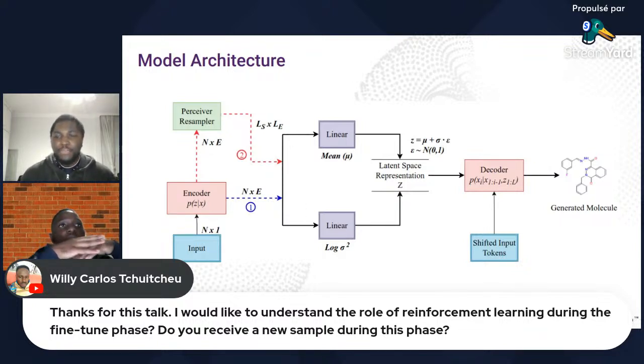So let me see if I can repeat it to see if I understand. During the fine tuning phase, you receive inputs, like target proteins, and you want to produce a protein that can dock to that target effectively. And the protein you receive as input during fine tuning is not necessarily a protein that you have seen during training. It's a new sample protein.